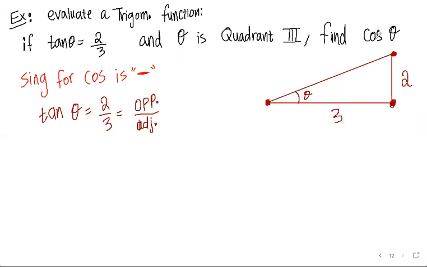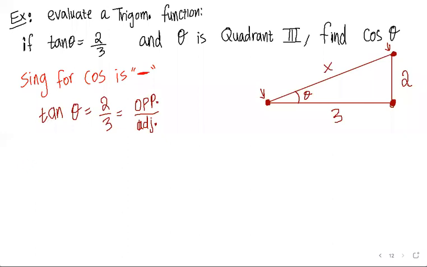Now to find the cosine, I need the hypotenuse, the distance from this point to this point. To find it, I have to use the Pythagorean theorem. I say this value is x, for example.